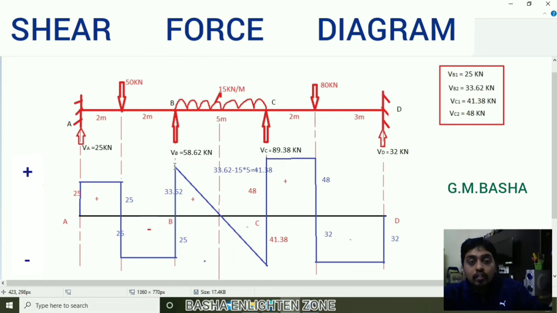Then there is a downward load acting here, that is W into L, 15.5. So 33.62 downward load means minus W into L, 15 into 5.5, so you will get minus 41.38. Minus means in the negative direction. Therefore from here I am drawing downward 41.38.